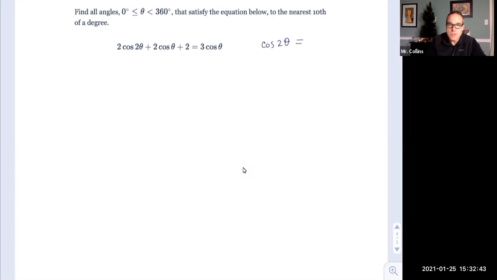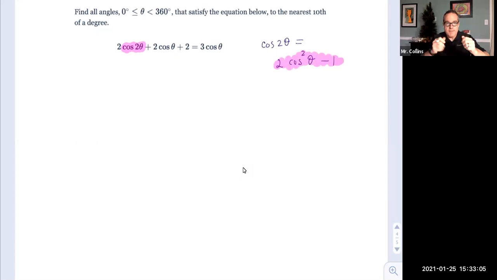My suggestion: use the identity that has all cosines in it, because the rest of the problem only has cosines. So you'll use the one that says 2 cosine squared theta minus 1, and that's what I'm going to plug in for my cosine of a double angle identity.